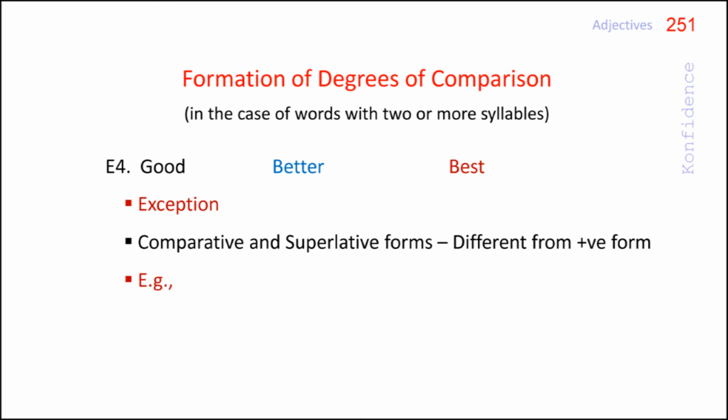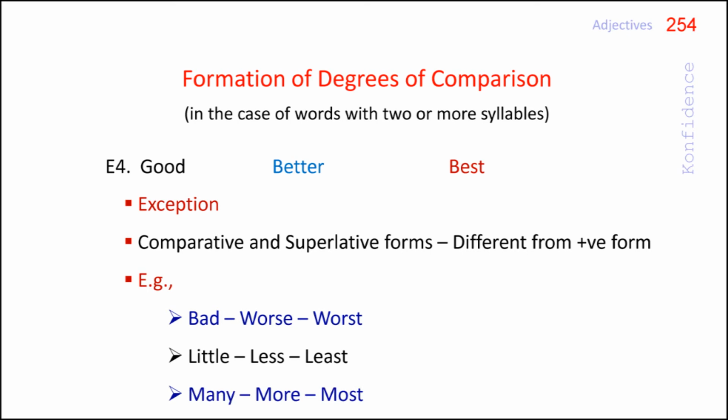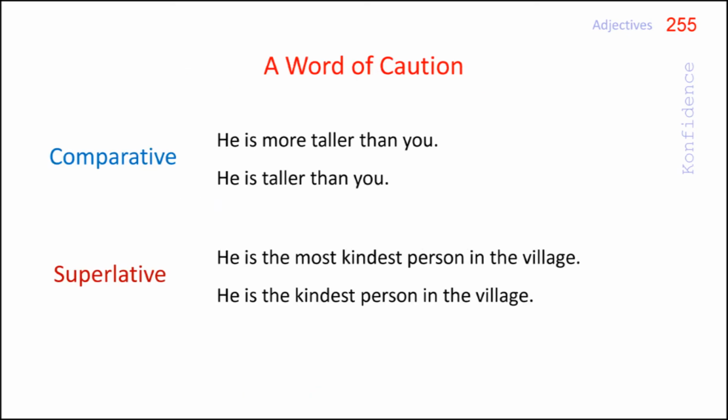Some of the examples are bad, worse, worst, little, less, least, and many, more, most. Look at the slides and please notice the wrong usage in the comparative and superlative sentences.